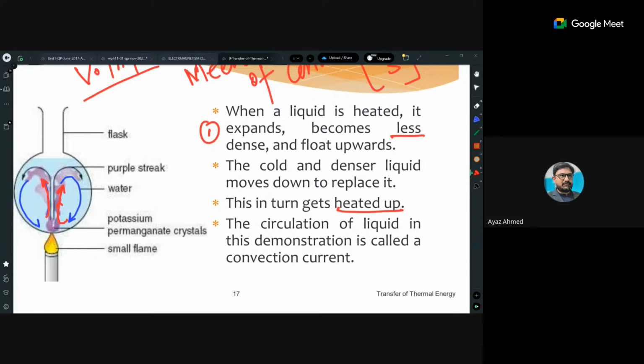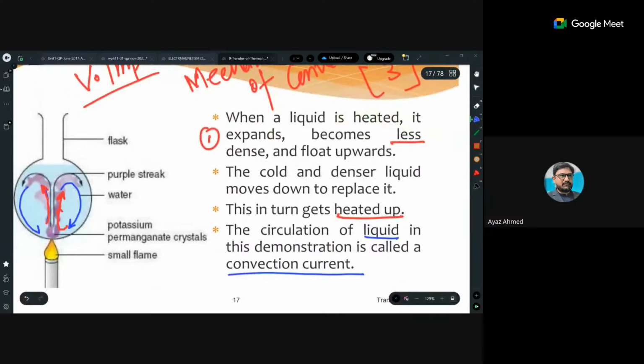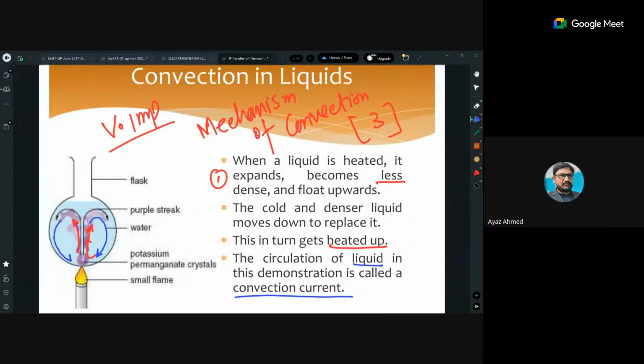The less dense will move up, and the more dense will move down. This circulation of the liquid is called the convection current. So please recall all these points. If you have any confusion, or want to ask me anything, you can ask me. Otherwise, I will carry on to the next slide.